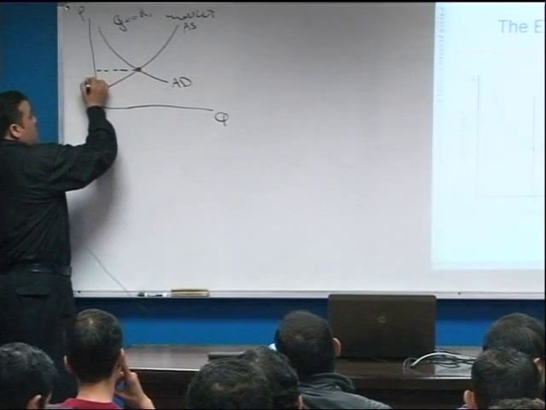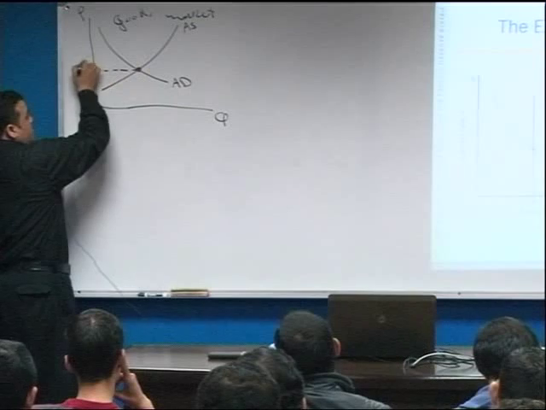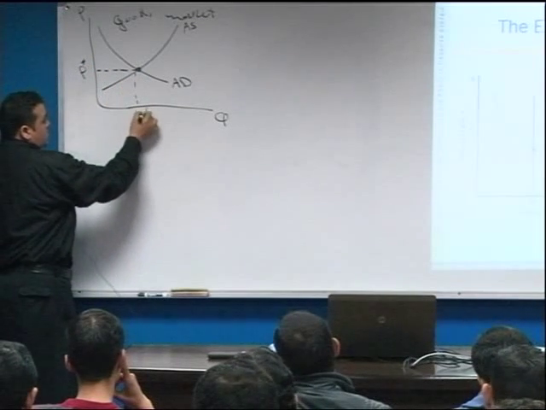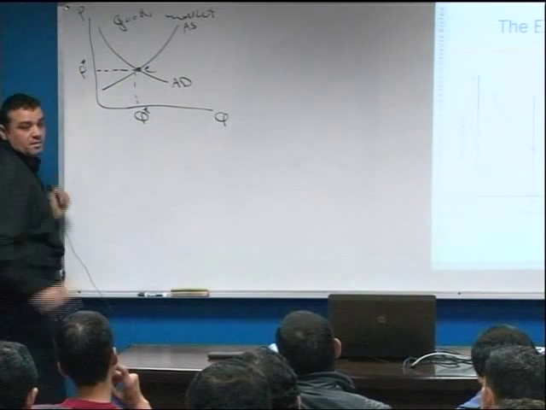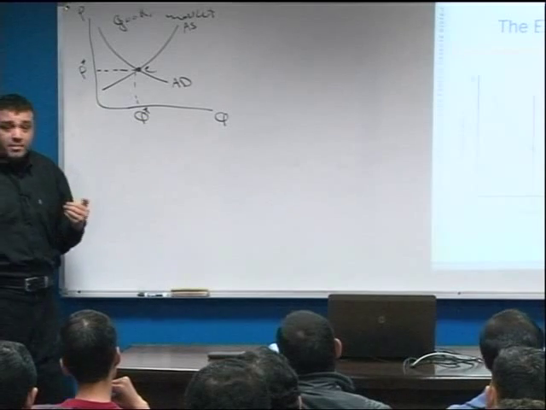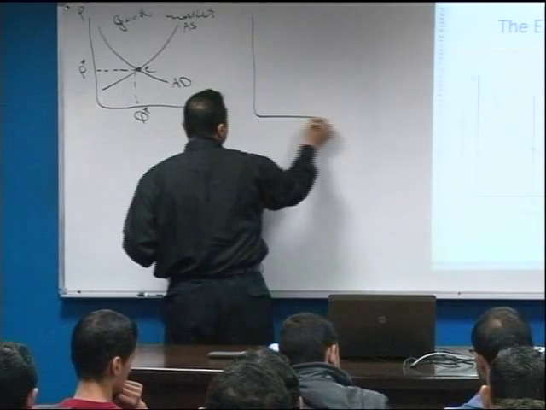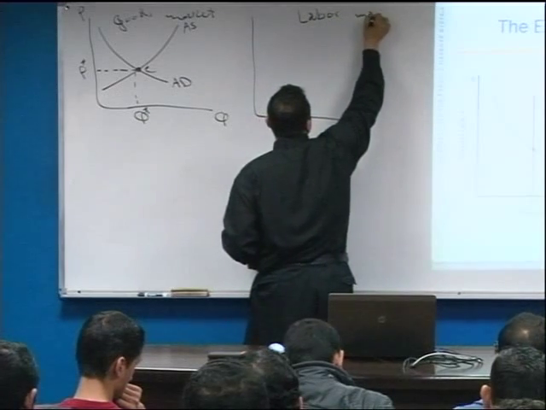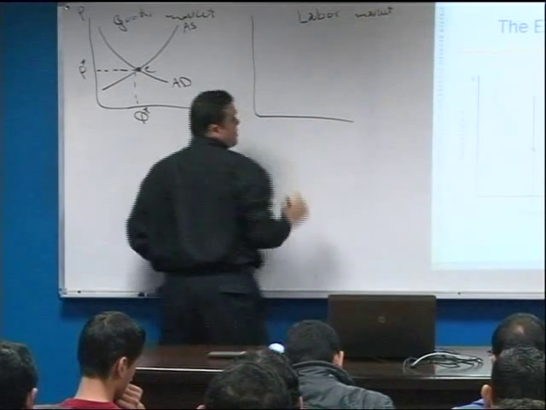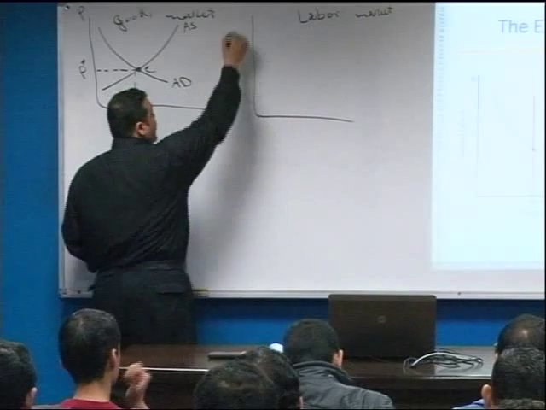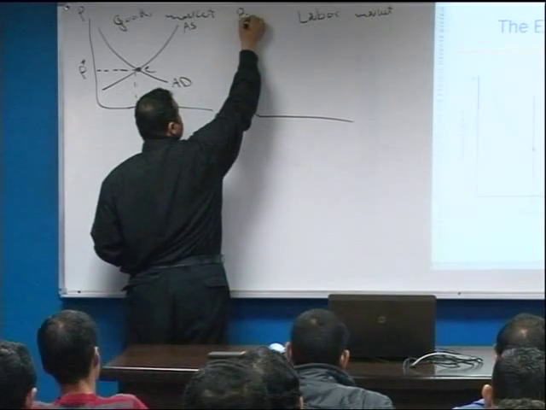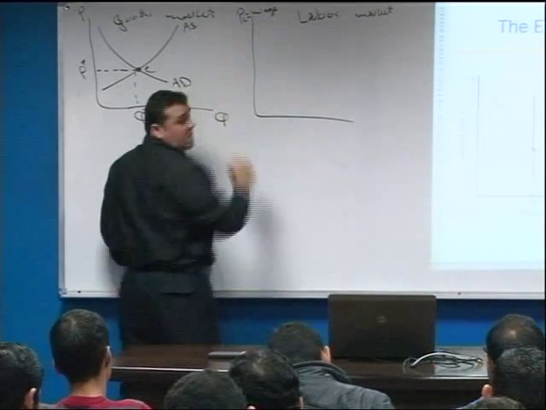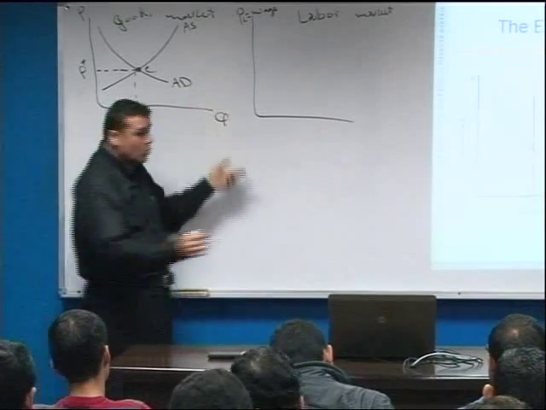Here is the equilibrium price, and this is Q star E, right? In the labor market, the equilibrium occurs when this is the price of labor, or the wage, with the quantity of labor.